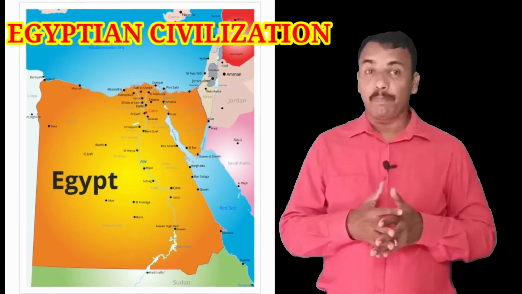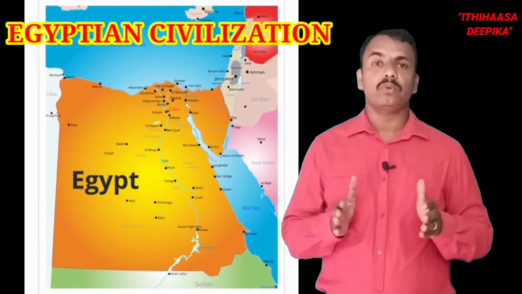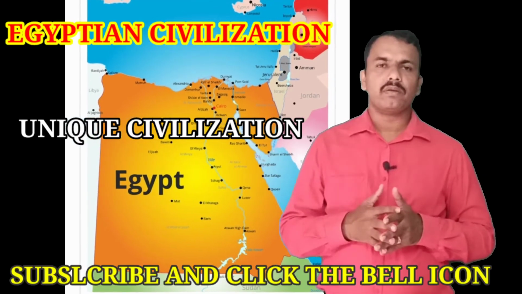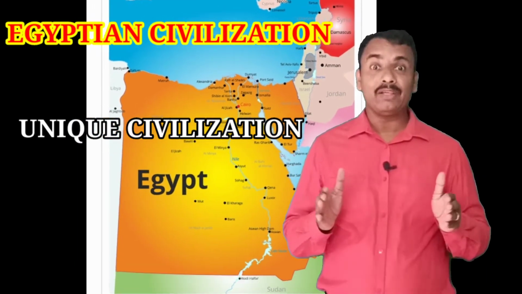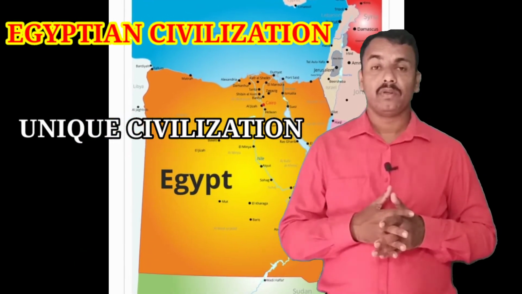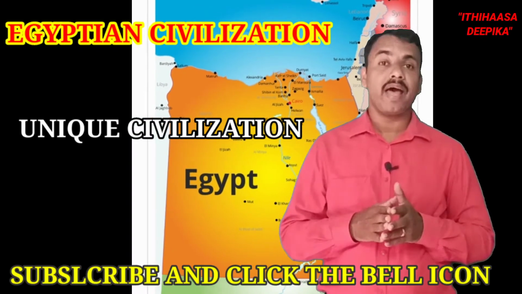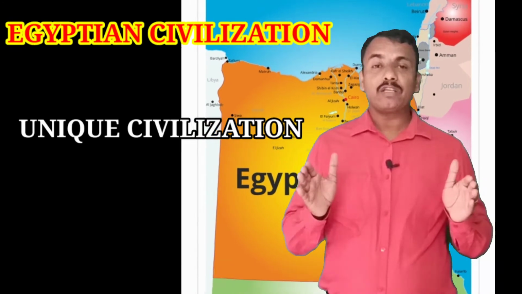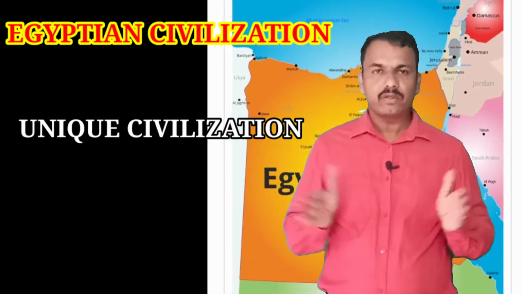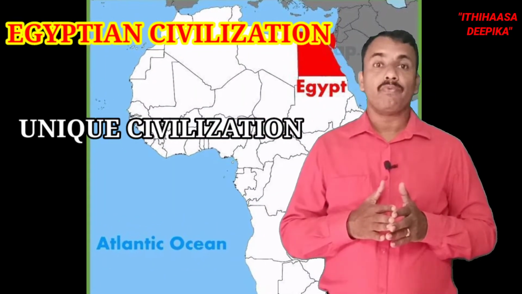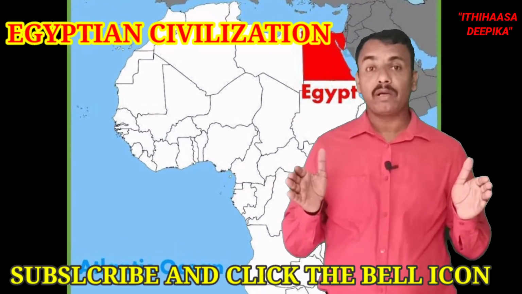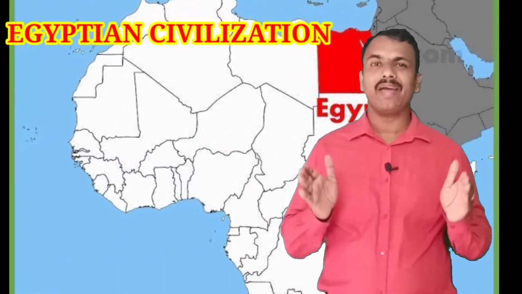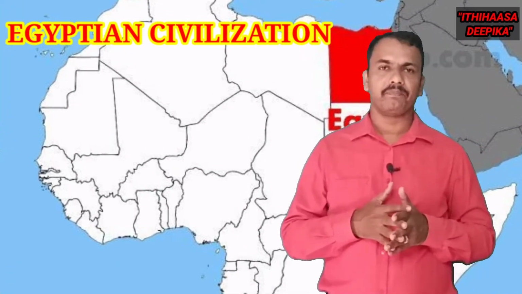This kind of separation helps the development of a different culture and a unique civilization. Egyptian civilization is considered one of the unique civilizations because the separation of this country from other countries of the world led to the development of a unique civilization.